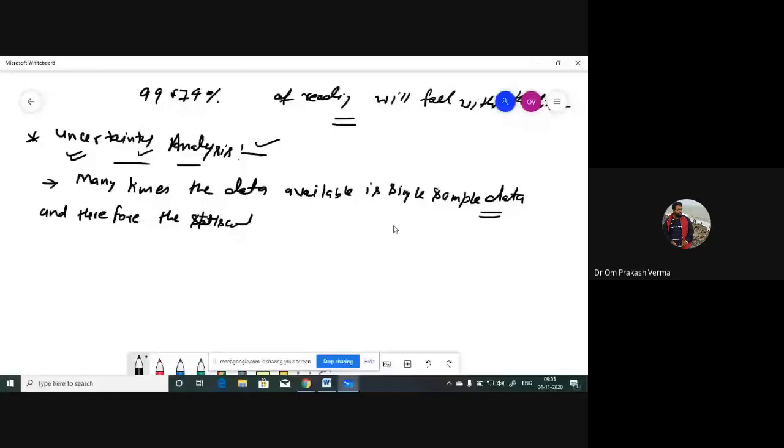Many times the data available is single sample data. Single sample data के लिए uncertainty analysis हम करेंगे, ठीक है? And therefore the statistical data techniques or data methods for multi-sample cannot be applied directly.